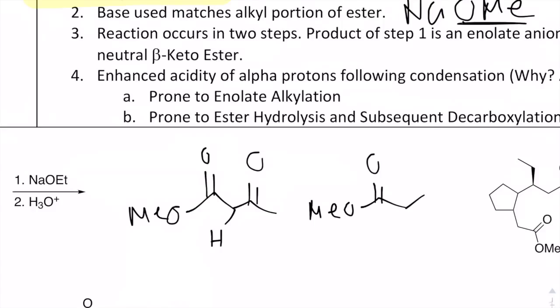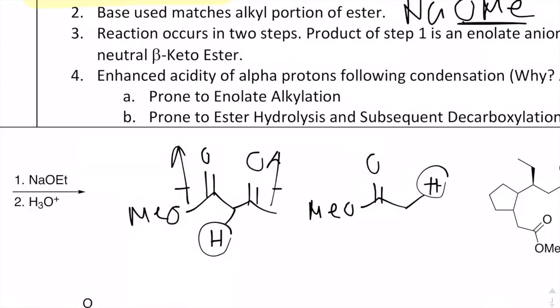These protons over here are acidic because they are located in close proximity to an electron withdrawing group, which is the carbonyl, or more specifically the ester. Now during a Claisen condensation, when we add another ester, we have induction from both of those electronegative groups. So now the acidity of this hydrogen is even greater than it was before.